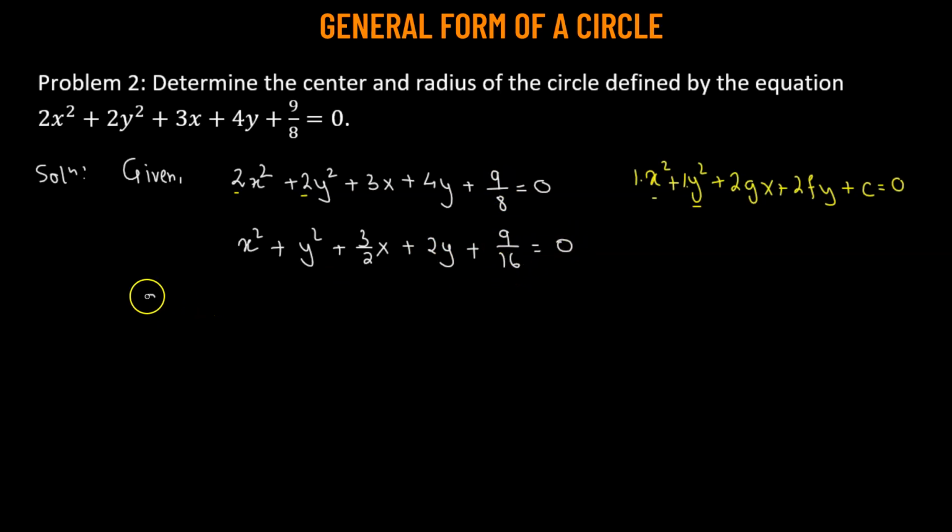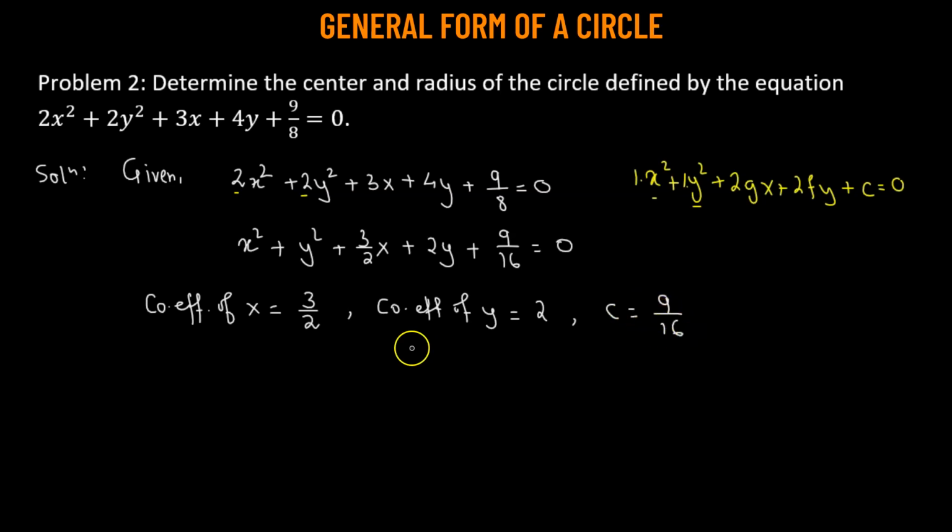Now let's find the coefficient of x. The coefficient of x is equal to 3 over 2. Then the coefficient of y is equal to 2. And the constant c is positive 9 over 16. Fine. Now we can easily find the center.